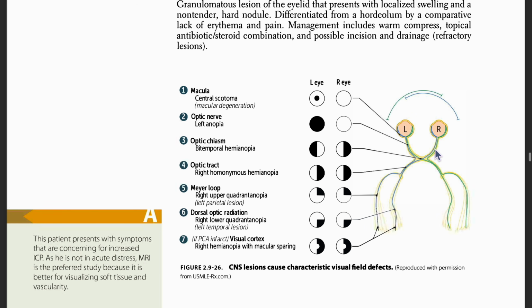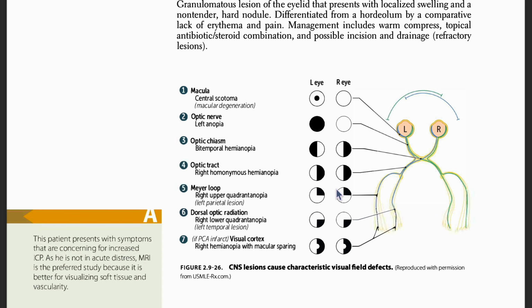So this goes like this. So it's going to black out this stuff because remember, it's the opposites, right? Okay, so bitemporal hemianopia. Optic tract, okay? So yeah, the temporal sides are gone when it happens in the middle. So you can still see in the medial portion of the eye field. Sorry.